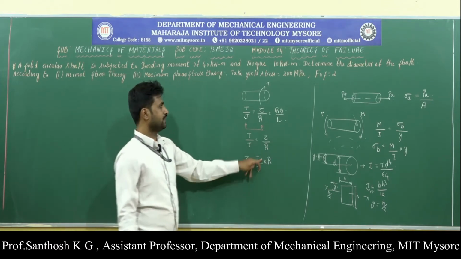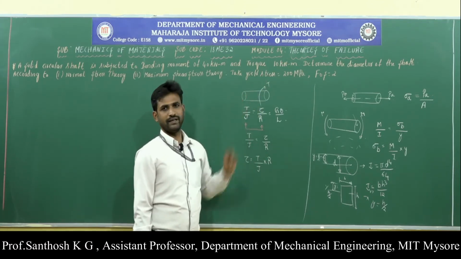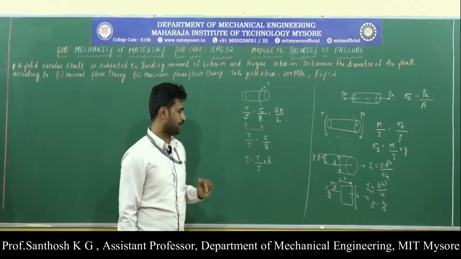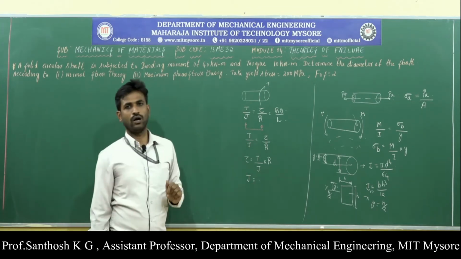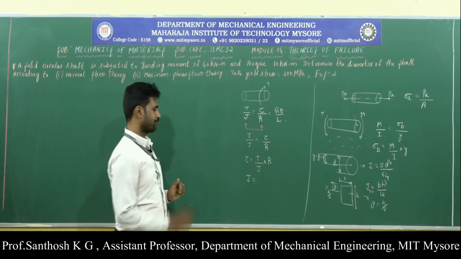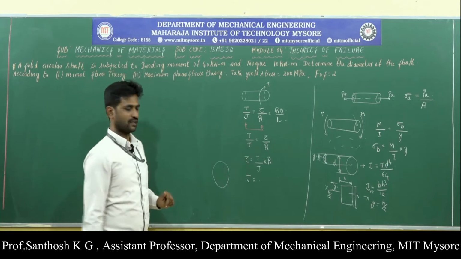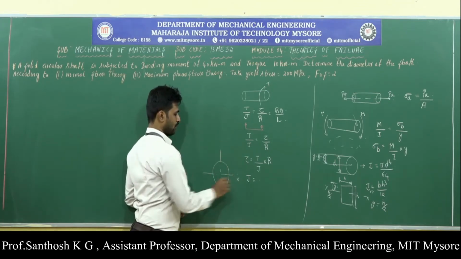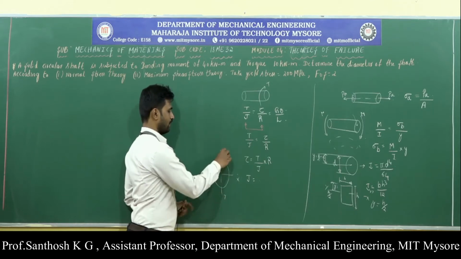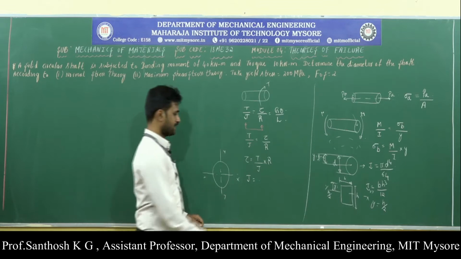So, here T represents the amount of torque that is applied on a given member. J represents the polar moment of inertia. If the given cross section happens to be circular, then we can calculate the polar moment of inertia along the x-axis or along the y-axis.